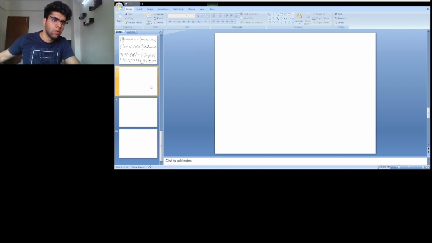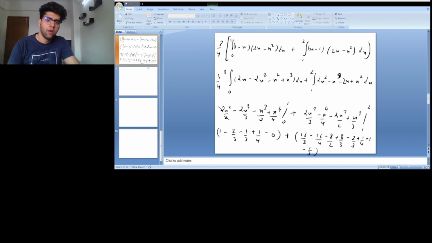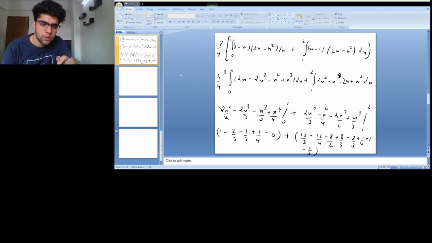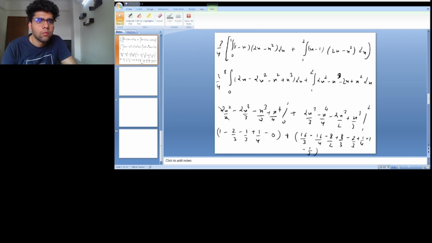Right. So this expression will be 2 by 3, this is 2 by 3. This expression is 1 minus 1 by 3, which is 2 by 3, and 2 by 3 goes away, plus 1 by 4, this becomes 1 by 4.